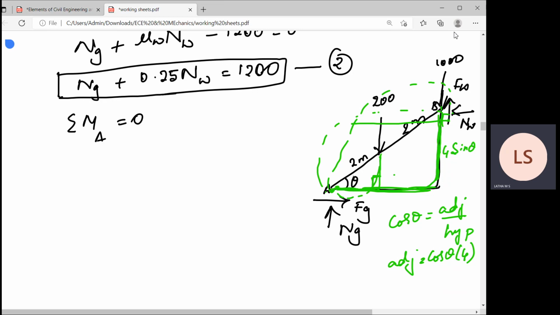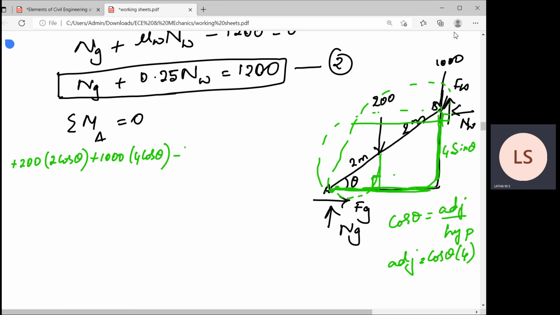So 200 into 2 cos theta, correct? Plus 1000 into 4 cos theta, correct? Then I'll take the moment of Fw.